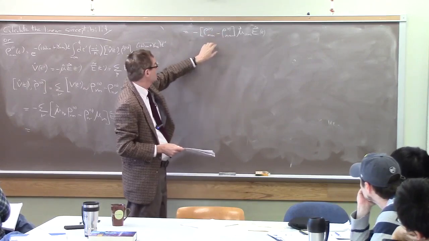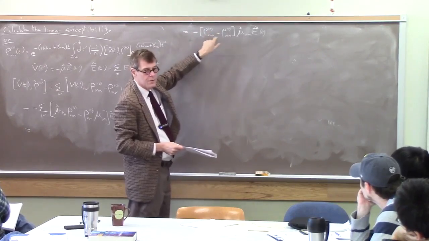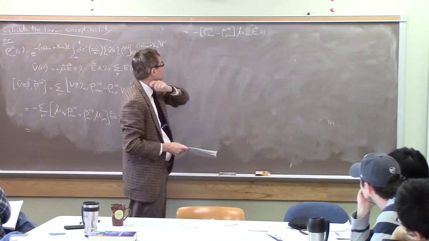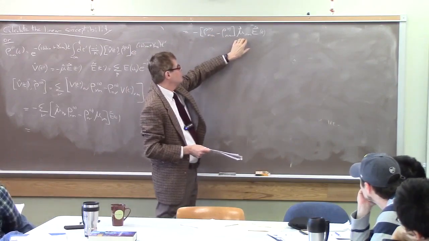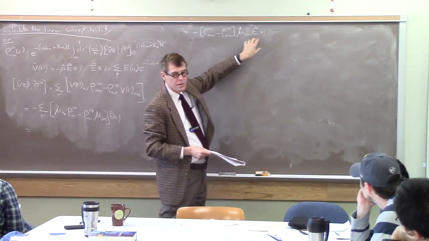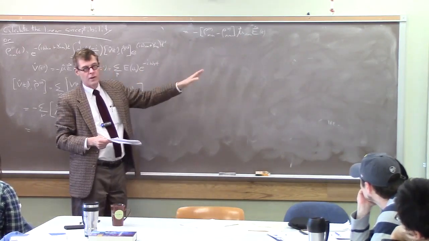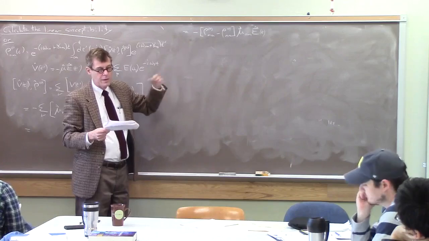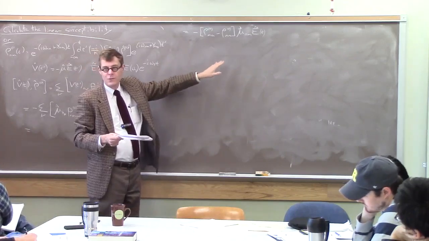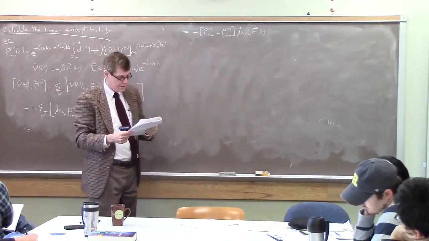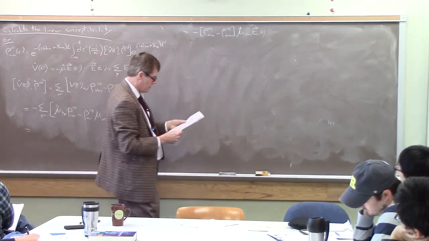And this takes a fairly simple form. It's the difference in the population of two levels times the interaction energy mu times e. So just store that away, because when we get a couple steps further, you'll see how this actually shows up in the final formalism.